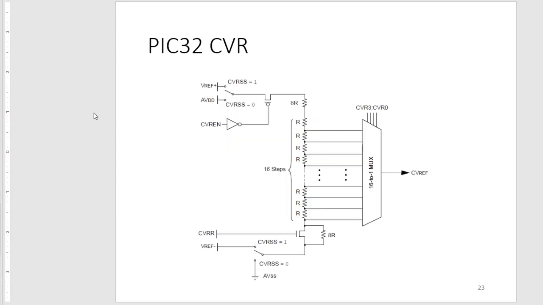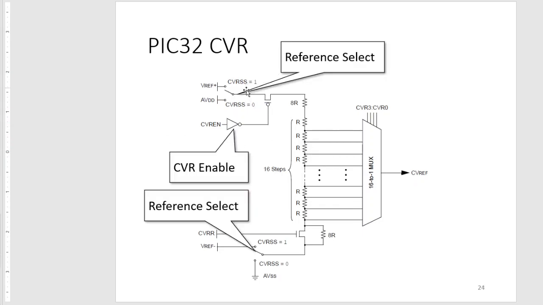So the block diagram is like this. We have a resistor ladder network here with a multiplexer selecting the voltage output between them, or the voltages between them rather. So we can see here that we have a reference select. Similar to the ADC, we can connect to an external VREF pin or to the analog VDD pin.